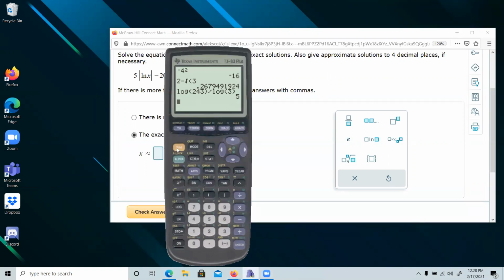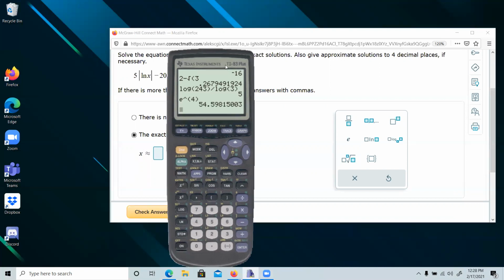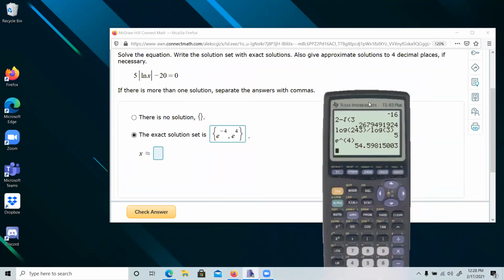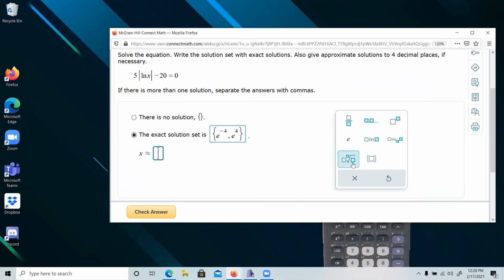What is e to the 4th? How many? 4 decimal places. Okay, 4 decimal places. So we need 2 things, right?